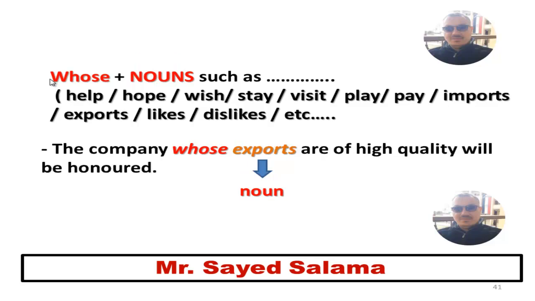Another example, the company whose exports, الشركة اللي الصادرات بتاعتها are of high quality، نوعيتها كويسة أو صادراتها كويسة، will be honored، هتتكرم. So whose exports is a noun بمعنى صادراتها. Remember this one.